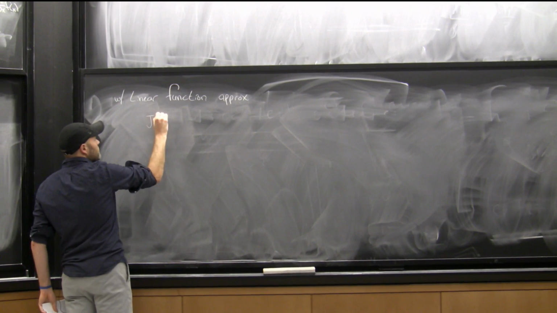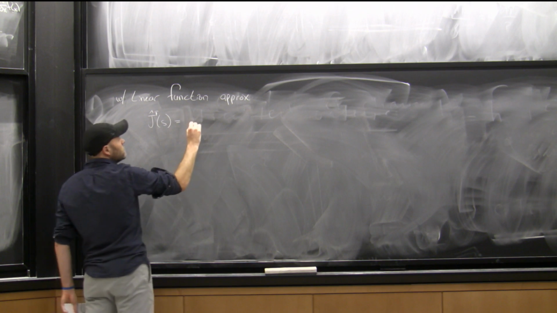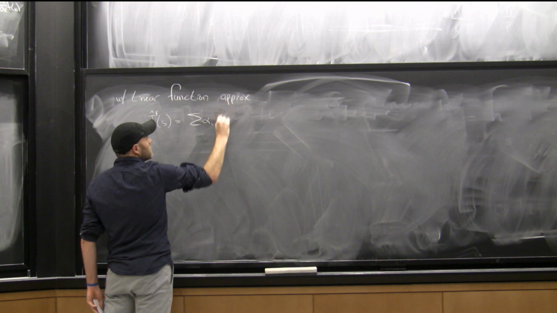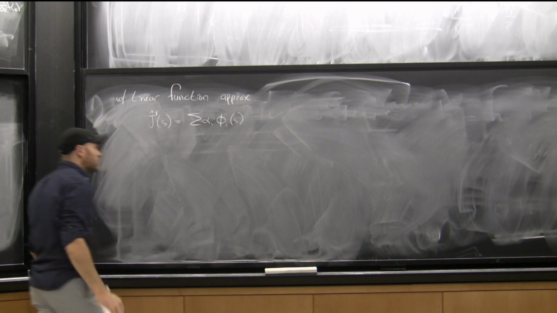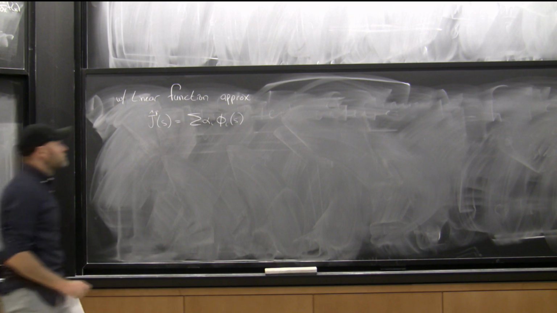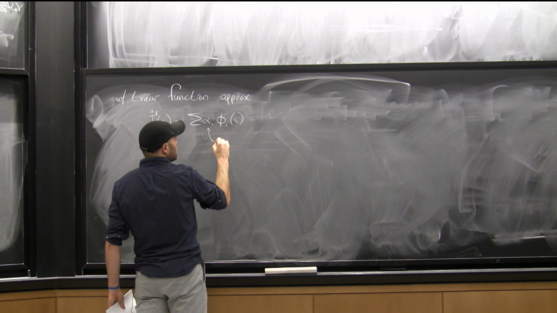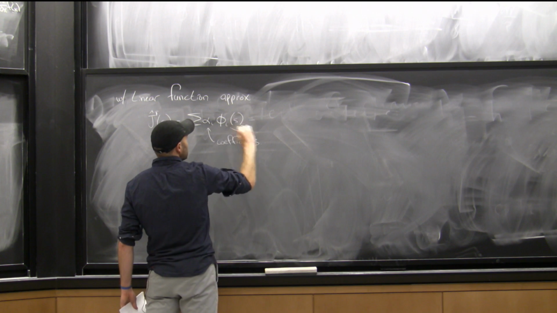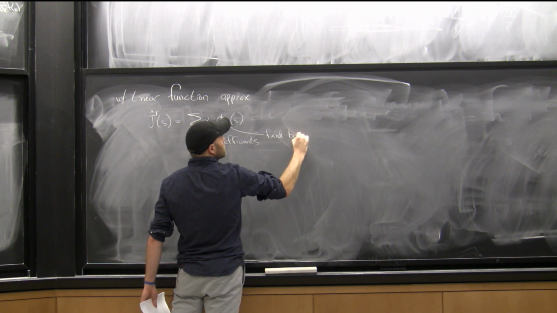If I said that J hat of S is just some linear combination of some features of my state vector S, where these are my coefficients, and these are my fixed basis functions.